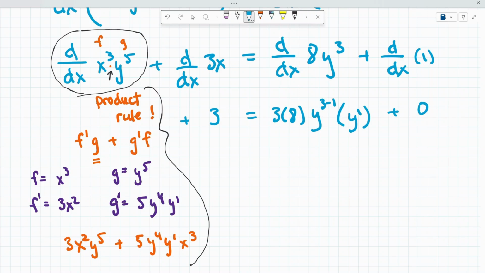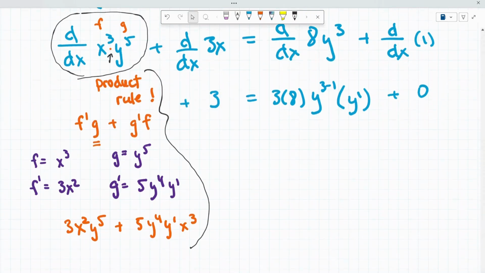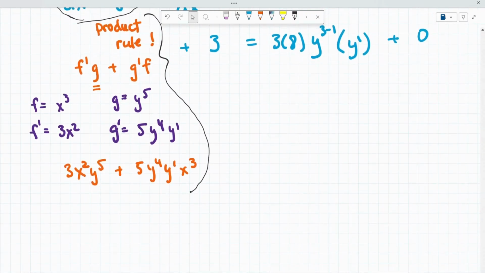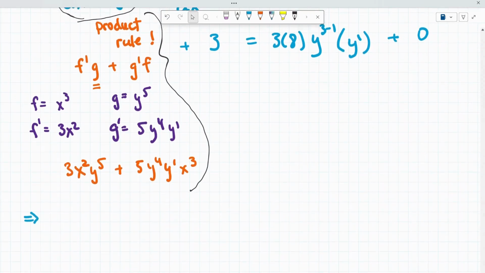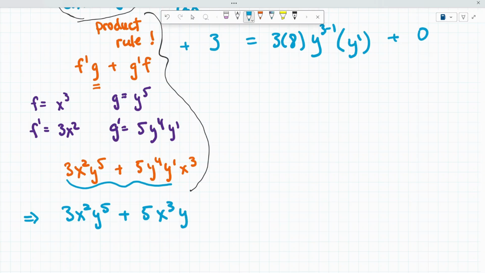So let's try to clean all of this up a little bit and see what we get. So hopefully we can all still see the screen here at the bottom. So we're gonna take this guy first. So we've got 3x squared y to the 5 plus, I'm just going to rewrite this, 5 times x to the power 3, y to the 4, y prime.